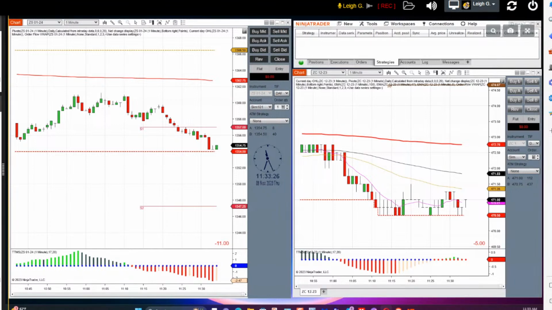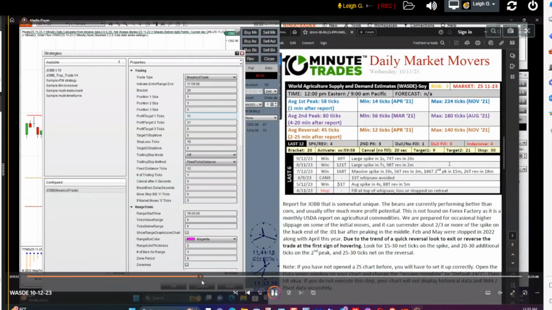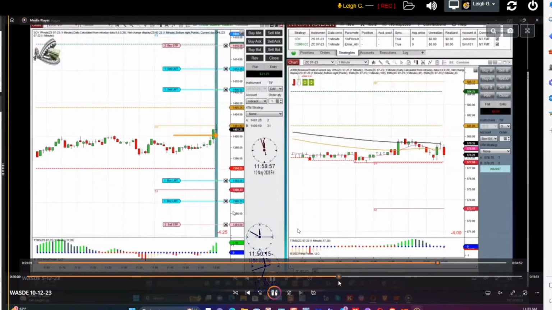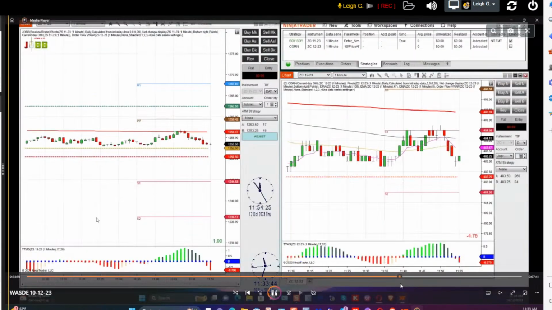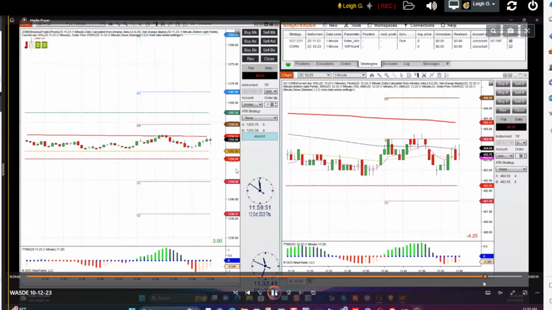Last month, I believe, if my memory serves me well, the WASDE report was the trade of the week. Let's take a look and see what happens. So we go back to October, the exact moment of the trade. Soybeans on the left, corn on the right.